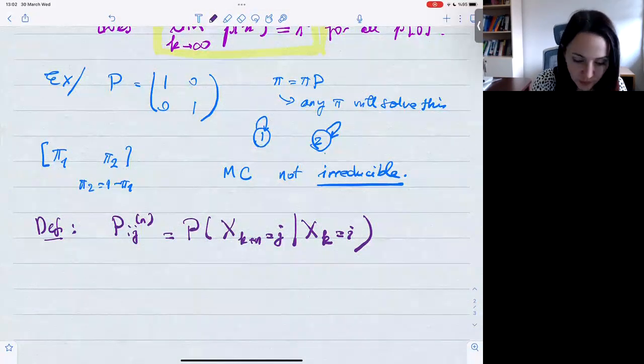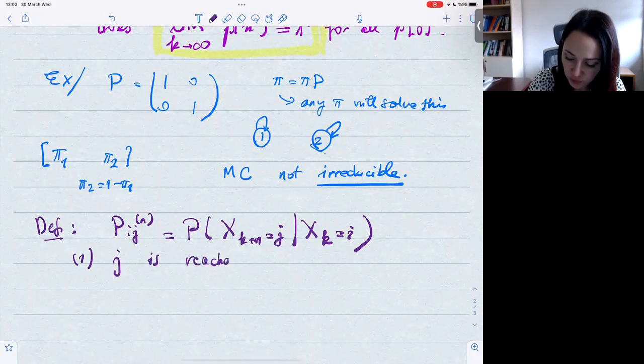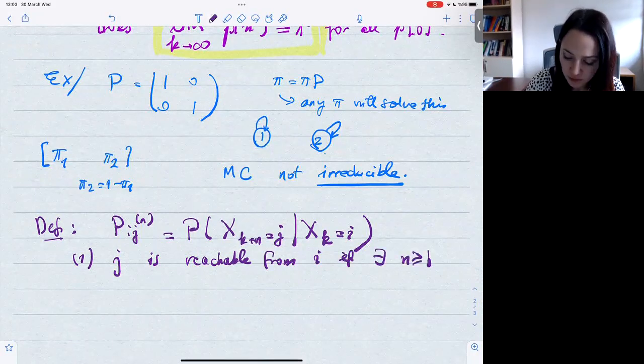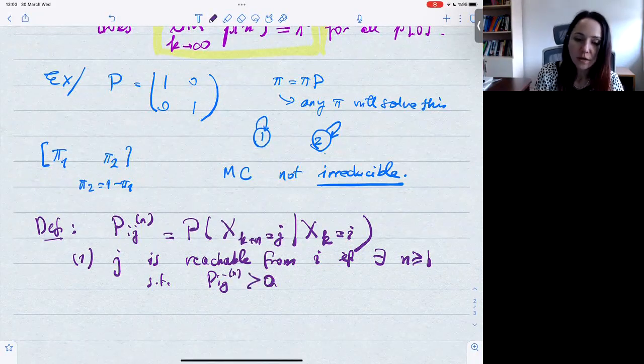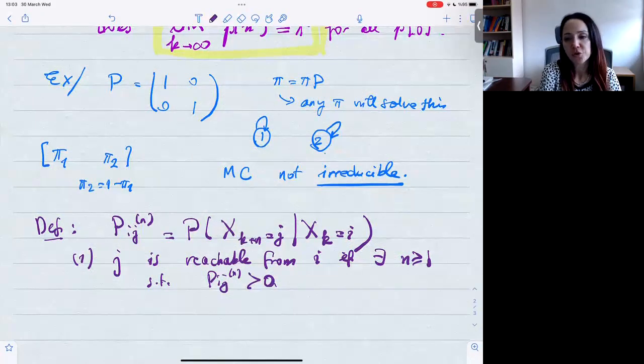Now, j is reachable from i if there exists an n such that Pij(n) is bigger than 0, meaning there is a certain finite number of transitions that can take you from i to j with positive probability.